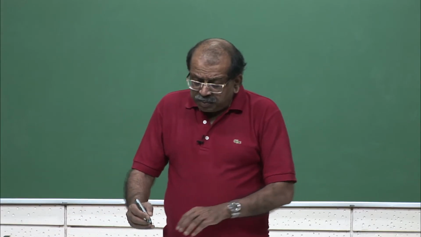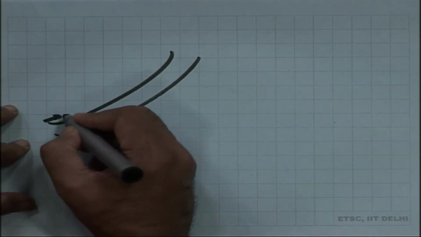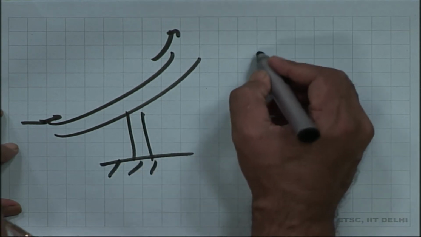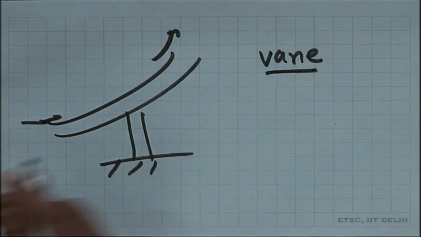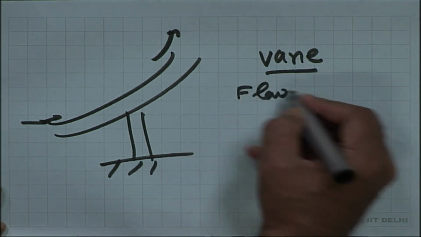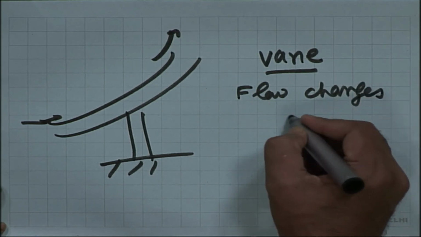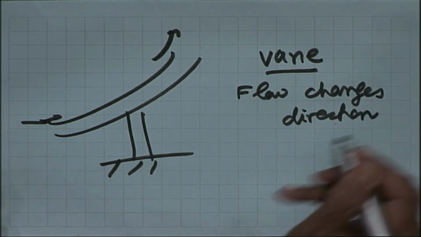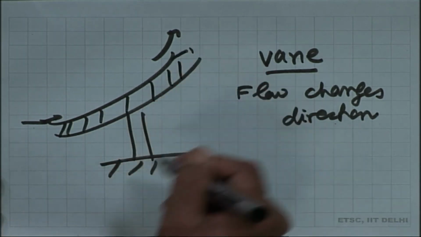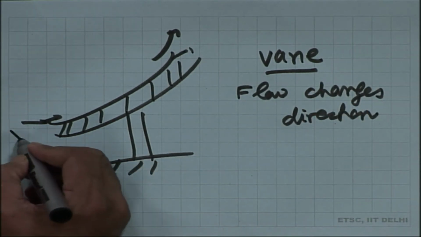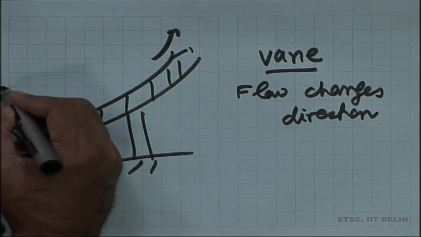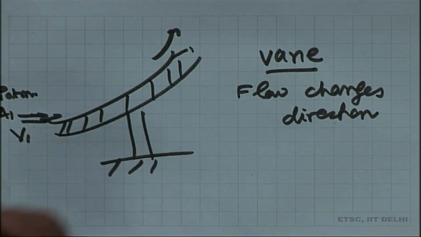Now, there could be other problems where flow, let us say, comes in here. This is called a turning vane. In a vane, flow changes direction, and this is a solid plate on which flow comes in like this, velocity V1, area A1, and pressure throughout here is atmospheric.